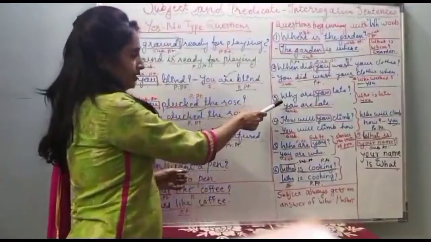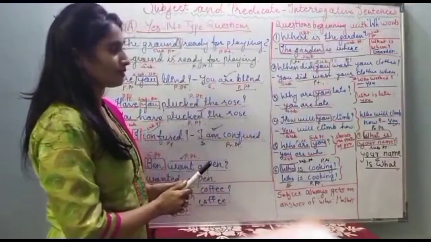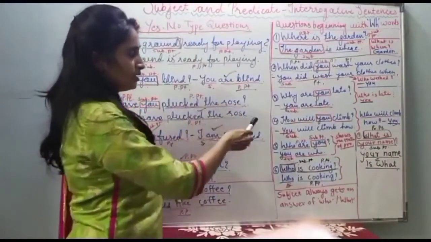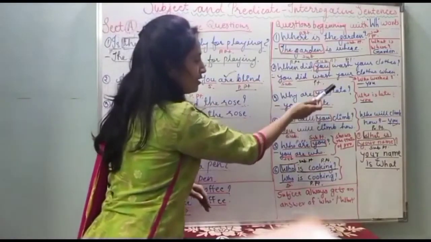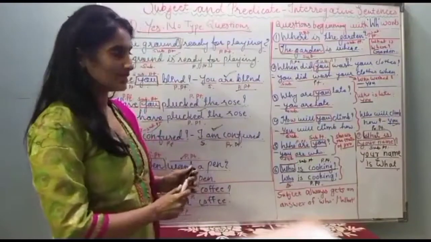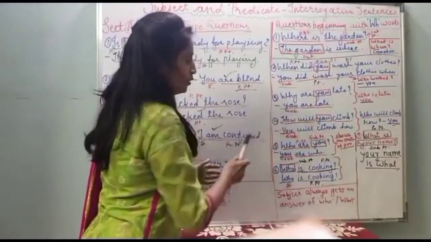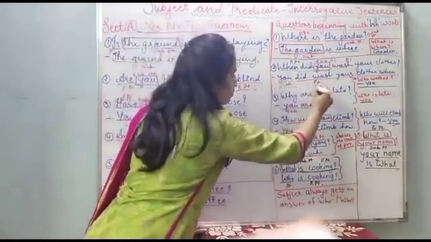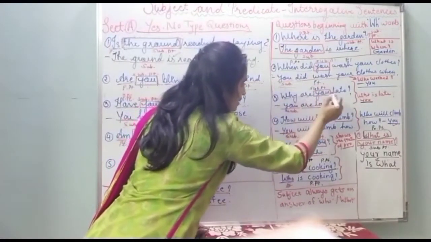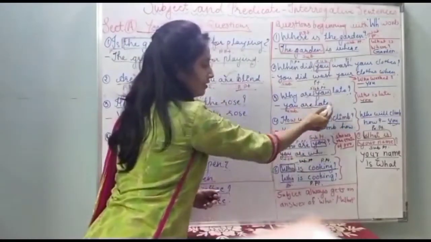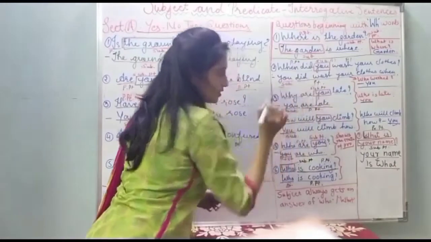Okay, the third sentence is why are you late? Now, the statement is like this: you are late. This is very simple and you can easily identify the subject here. You is the subject, and so here you is the subject part, and are late is the predicate part.